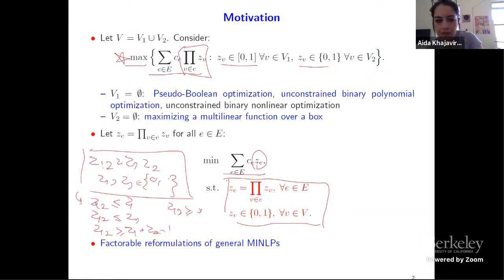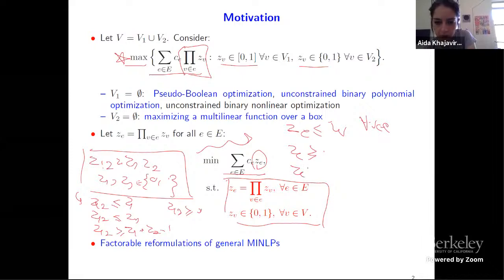So this has been known for a long time, and actually it's not difficult to show at all. This was a bilinear, but you can easily extend this to any product. Let's say I look at a generic product like here. The convex hull is given by ZE less than or equal to ZV for all V in E, ZE greater than or equal to 0, and ZE greater than or equal to the summation of ZV over V in E plus cardinality of E minus 1.